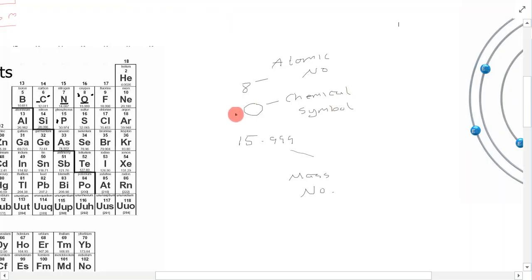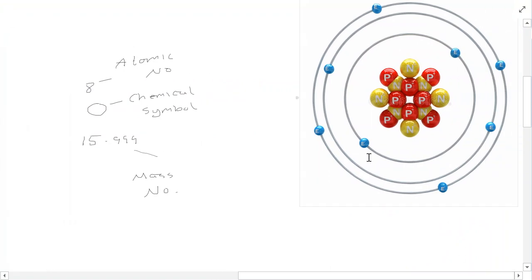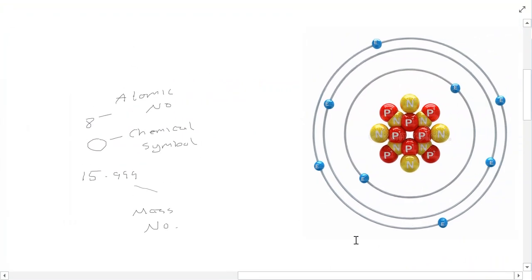So we have the chemical symbol, the atomic number, and the mass number. What do these numbers actually represent? If we have a look over here, this is a representation of an atom of oxygen. Let's name the parts.